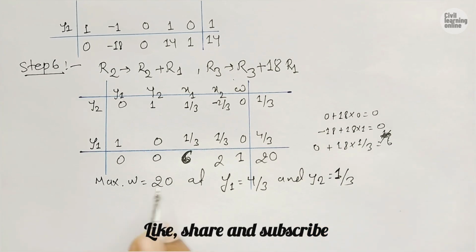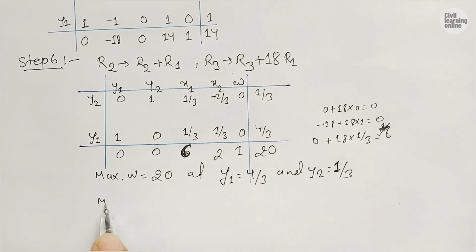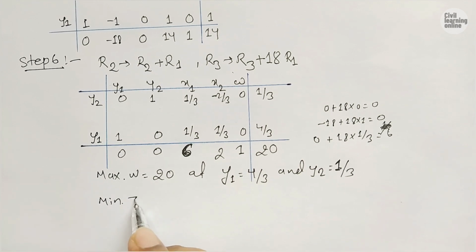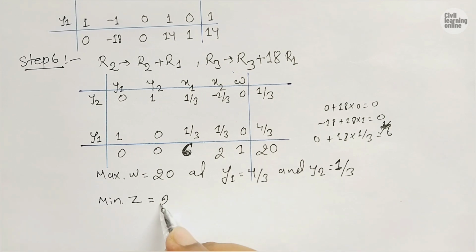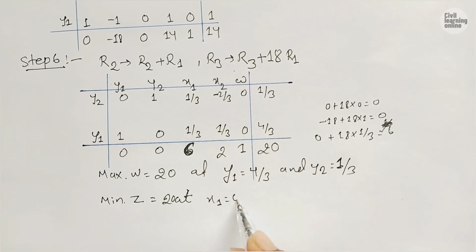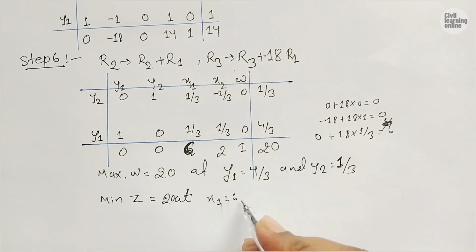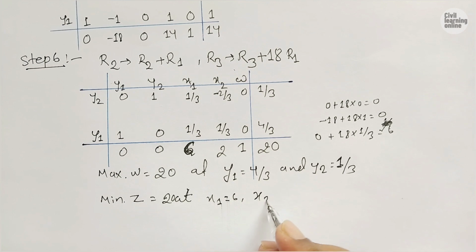Now in the question we had x1 and x2, so here we will write minimum, and in the question we had the objective function Z equals 3x1 plus x2, Z equals 20 at x1 equals 6, we have to use this value vertically in minimization form. So x1 equals 6 and x2 equals 2.